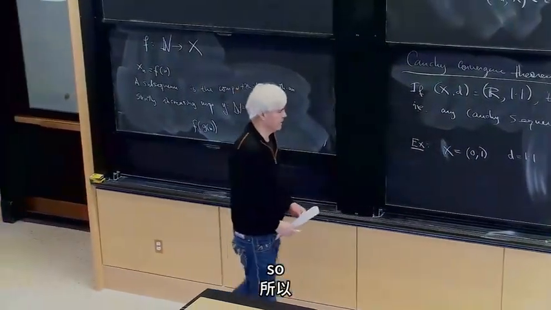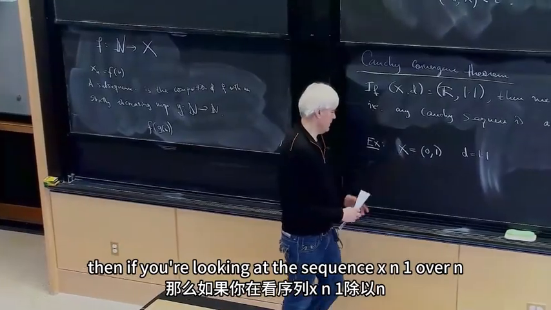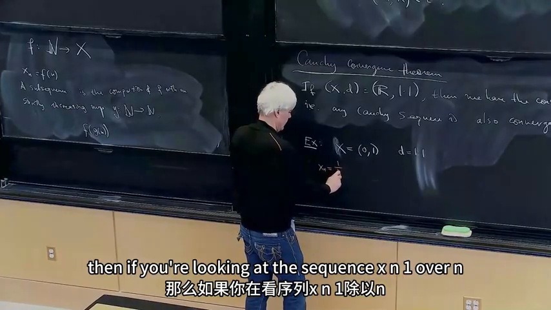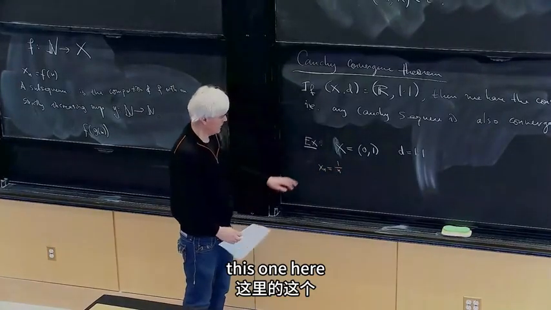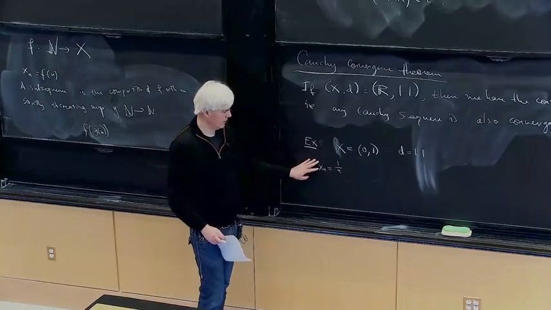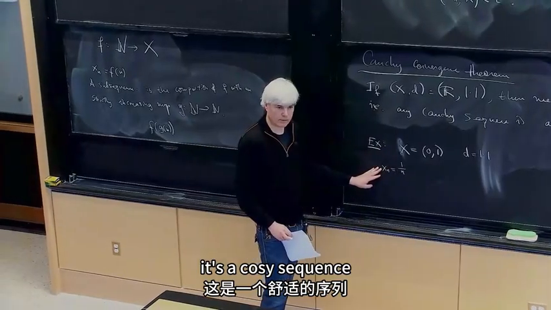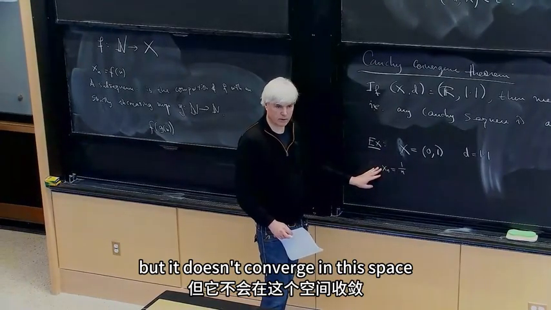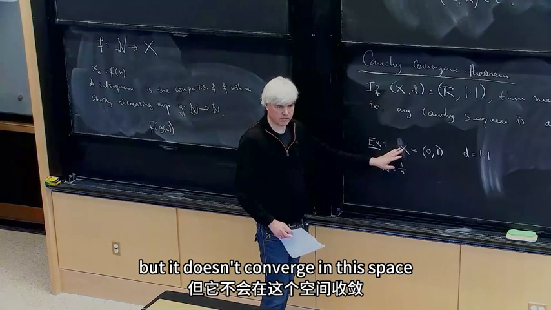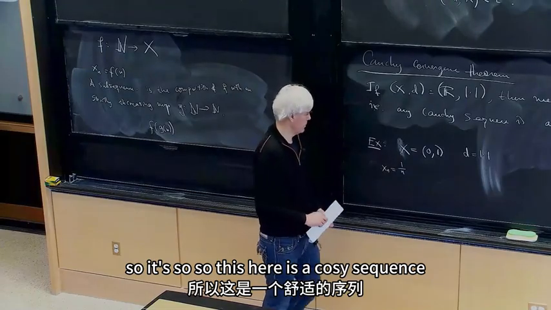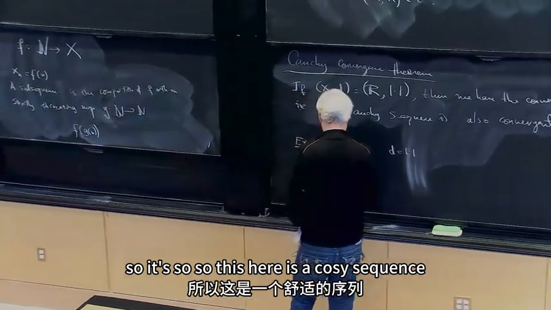Right? So then if you're looking at the sequence x_n = 1 over n, this is a sequence in this space. It's a Cauchy sequence, but it doesn't converge in this space because 0 is not part of the space. Right? So this here is a Cauchy sequence.